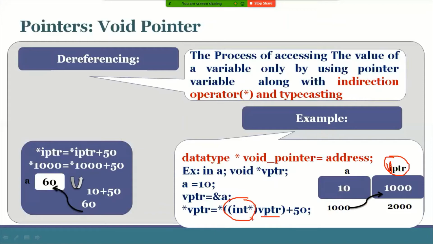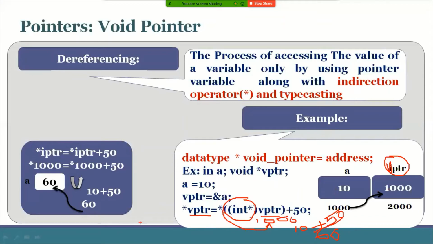Now it is valid. VPTR means 1000. That 1000 will be substituted over here, then the indirection operator will be applied. The value within this 1000 location is 10. The 10 will be substituted and added to 50, so that becomes 60. That 60 will be stored in VPTR's location.